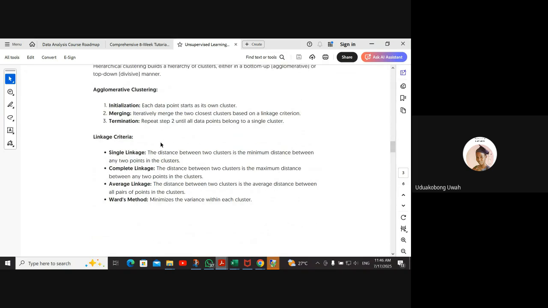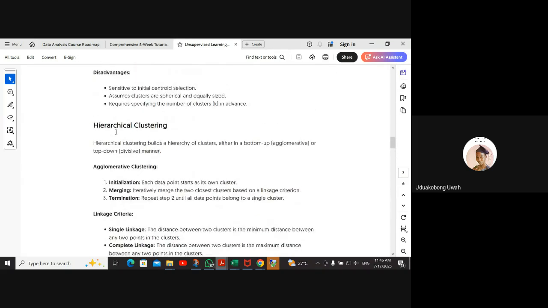Okay, so let's move to hierarchical clustering. Hierarchical clustering builds a hierarchy of clusters, either bottom-up, which is called agglomerative, or top-down, which is divisive.